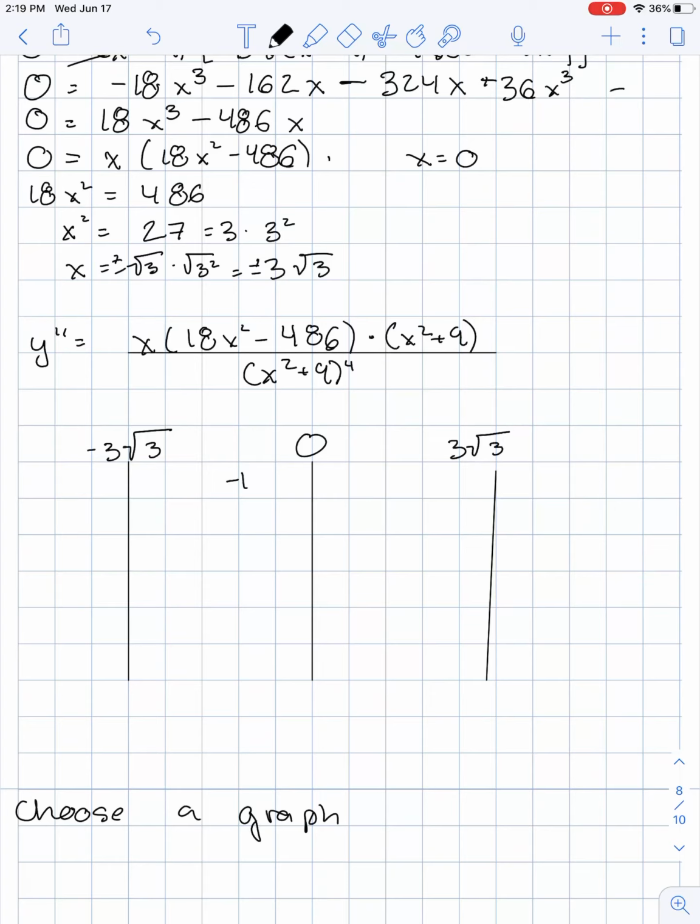Okay, so I can plug in like -1 and 1, and then we can plug in like -6 and 6. Great. Something I can easily square. So those are my x's.